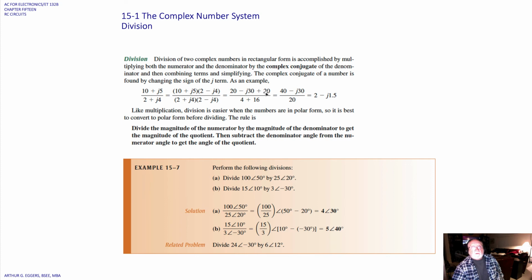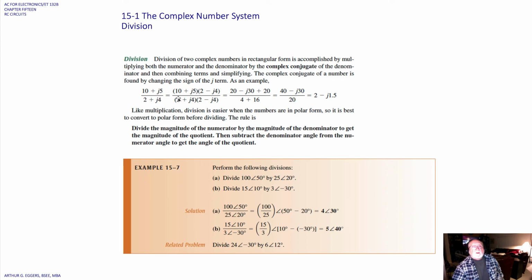But we'll go ahead and continue this. So the complex conjugate in the denominator, then combining terms and simplifying. The complex conjugate of a number is found by changing the sign of the j term and then doing the operations. So in this case, we're going to divide 5 plus j10 by 2 plus j4.